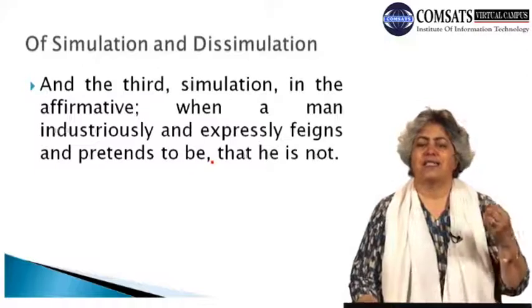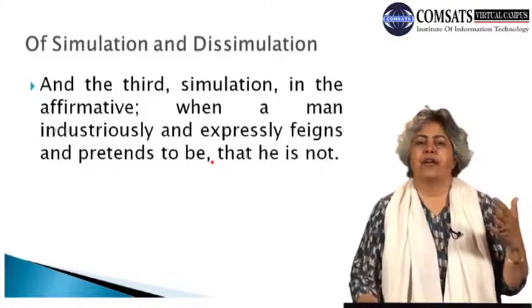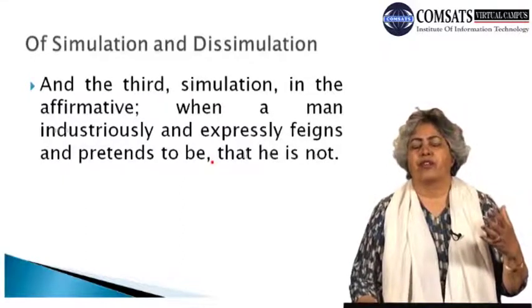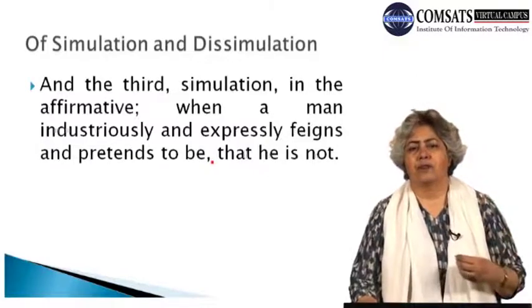And the third, that is positive, is simulation, where you make an attempt and you pretend to be what you are not. I think that's enough for today. And in the next lecture, we're going to discuss simulation and dissimulation further.